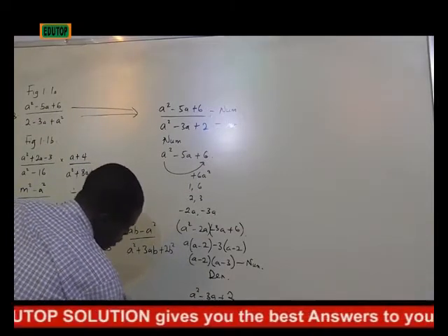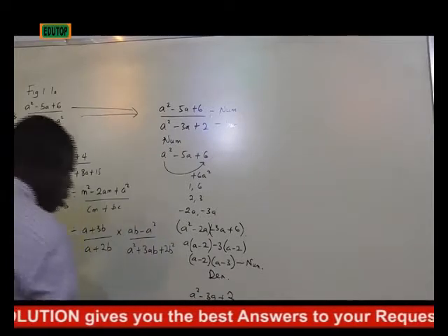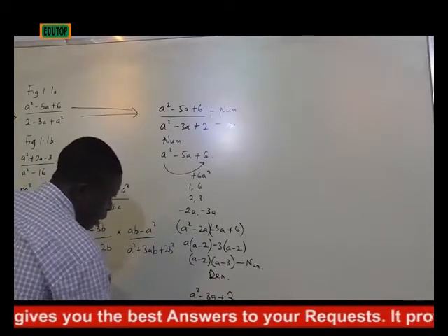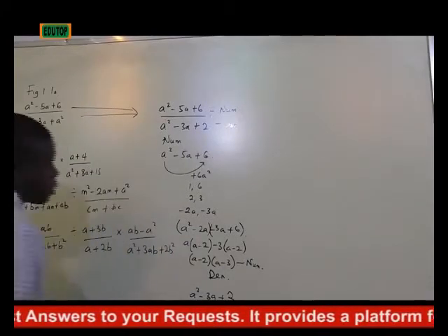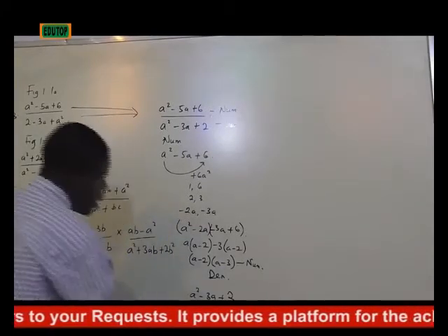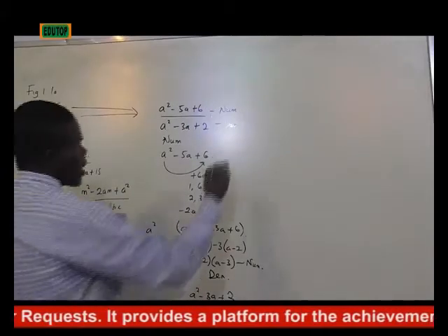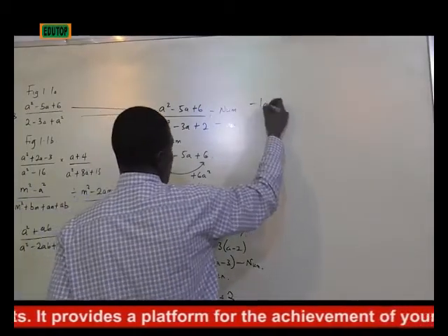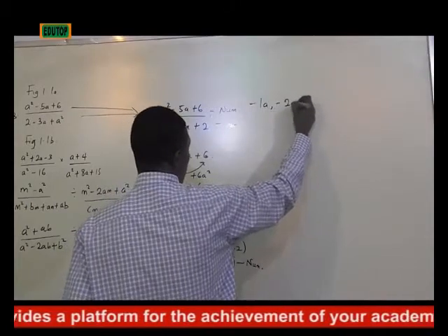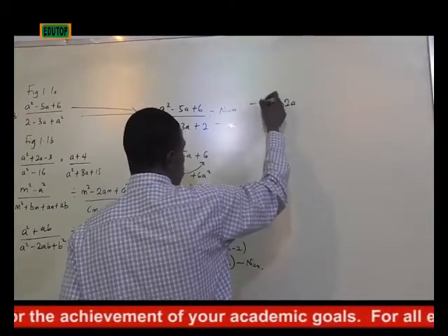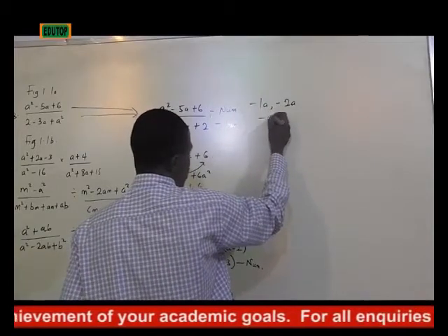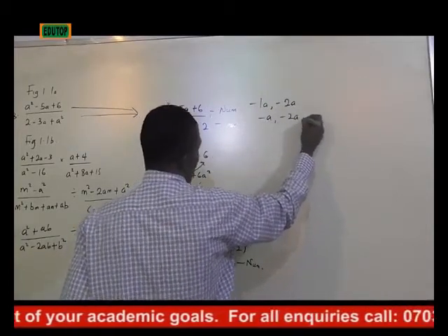Then we have 1 and 2. You have a negative here, automatically it should be minus 1, minus 2. And since we are dealing with a as the dominant variable here, automatically I can say minus 1a minus 2a. But in mathematics, we don't normally write minus 1a because we assume that this one is invisible. So we can write minus a minus 2a.